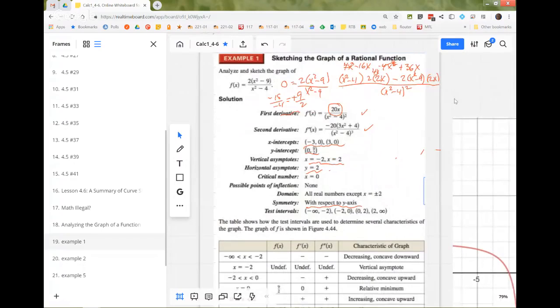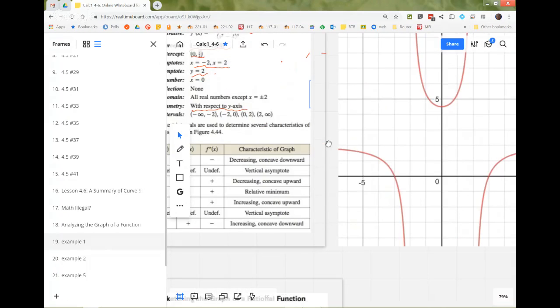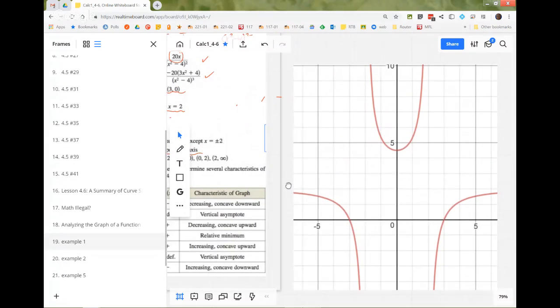Symmetry says if you plug in a number for x, like for example 2, get your answer, and then plug in negative 2, and then do that with a few more points, 3 and negative 3, maybe 1 and negative 1, and if you keep getting the same answers, that tells you have y-axis symmetry, and that's what we've got. Sure enough, look at how this has a nice fold line on the y-axis.